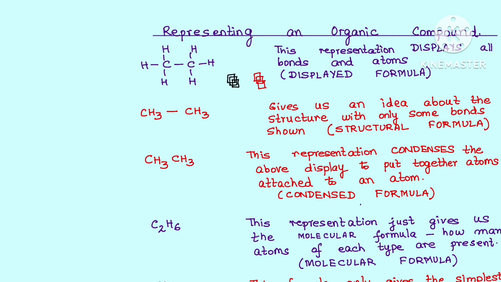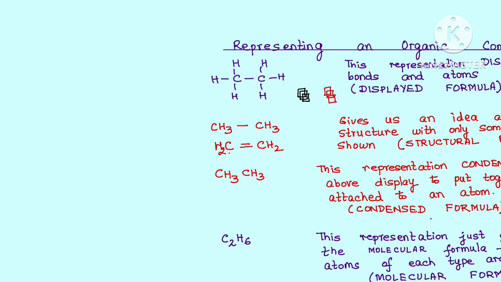So for example, if I have a doubly bonded compound, I will show it like this, CH2 double bond CH2. If I have a triple bonded compound, I will show it as CH triple bond CH. So I am showing only some of the bonds, not all of the bonds, and that gives me an idea about the structure of that particular compound.